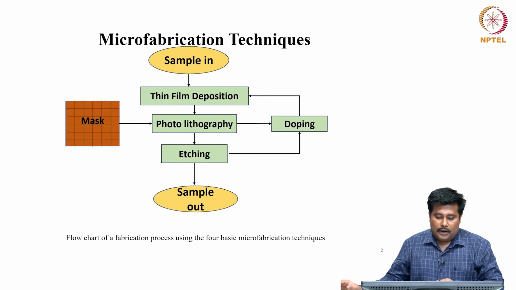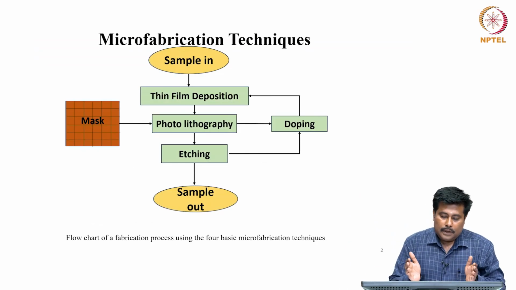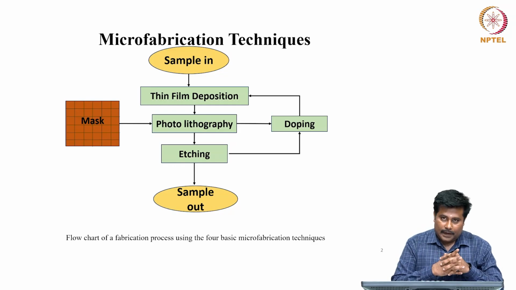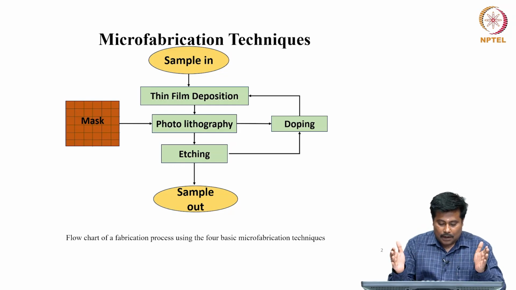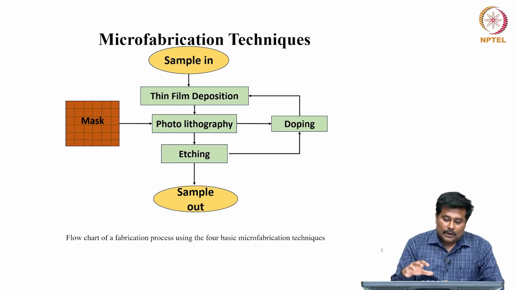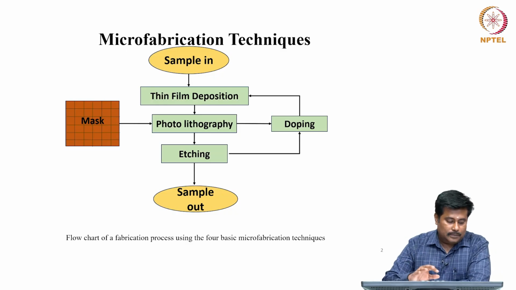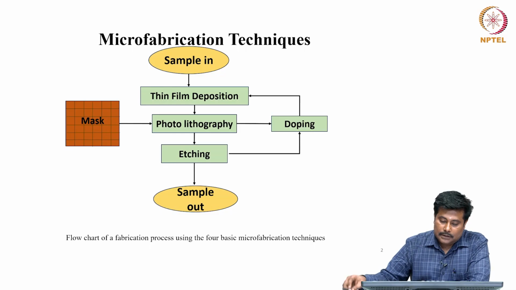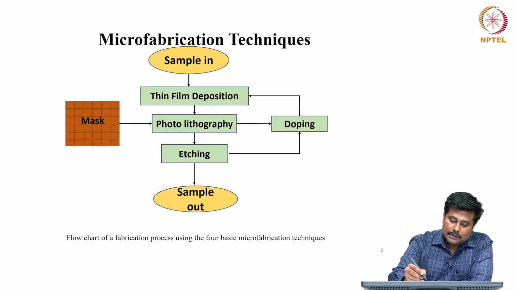Now, if we look overall at the microfabrication techniques, this is how a fabrication process is deployed. There are 4 basic microfabrication techniques. This is the flow which is deployed here. In this flow, let us consider a sample.